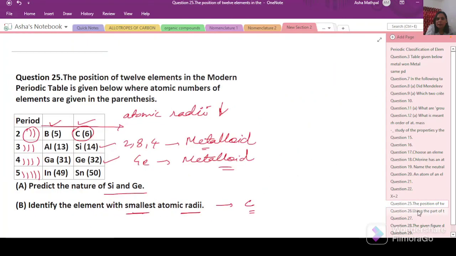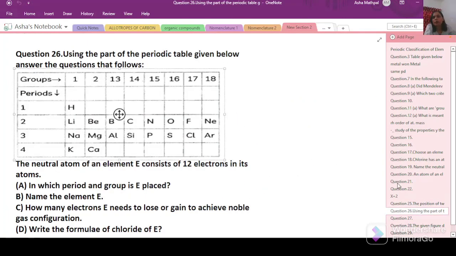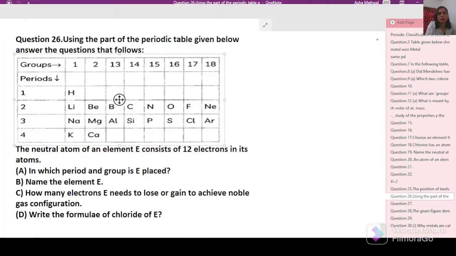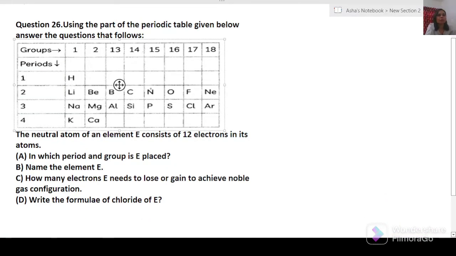Now let us go to the next question. It again has a part of the periodic table, and we will have to give the answer. The neutral atom of an element E consists of 12 electrons in its atom. In which group and period is E placed?